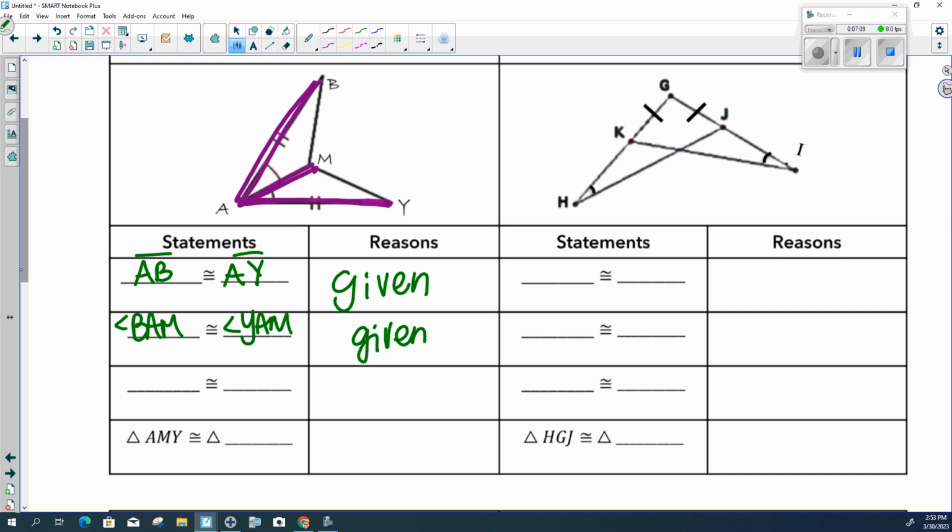That was also given to me. So right now I've got a side and an angle. I need more information. So I'm looking for vertical angles or reflexive property, and they have a shared side. So it's reflexive.